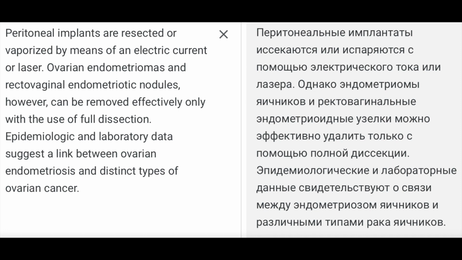Ovarian endometriomas and rectovaginal endometriotic nodules, however, can be removed effectively only with the use of full dissection. Epidemiologic and laboratory data suggest a link between ovarian endometriosis and distinct types of ovarian cancer.